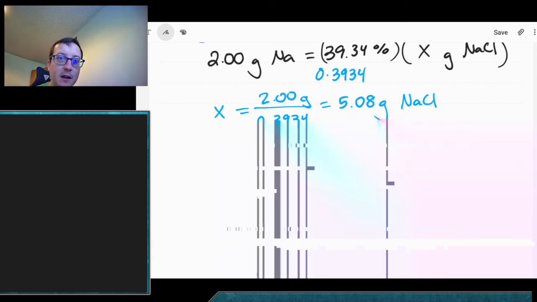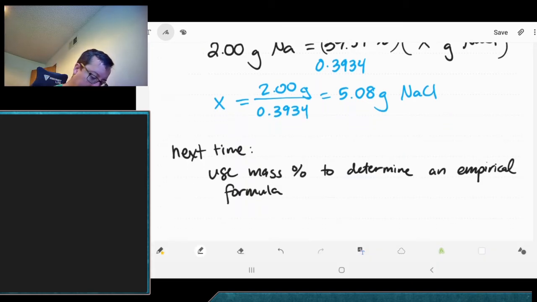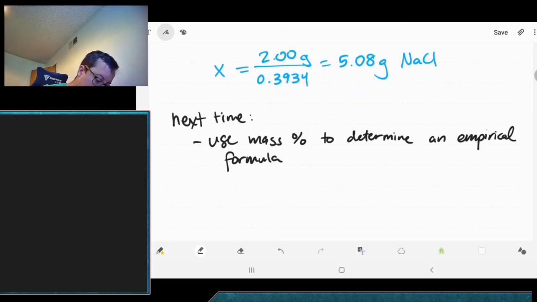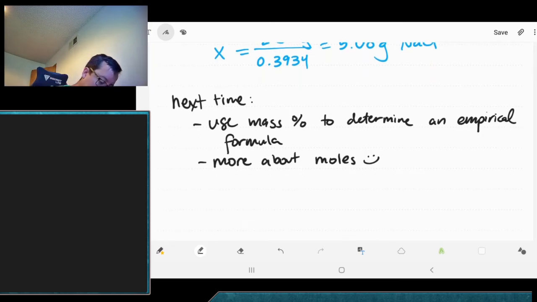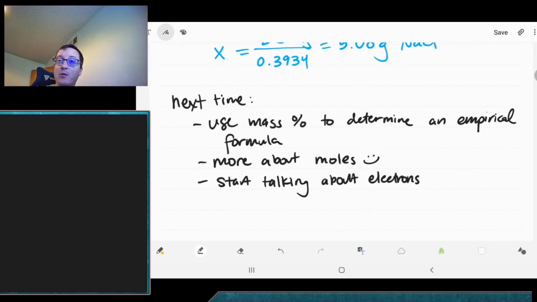We can also talk more about moles, our favorite. And if we finish all of that, we're going to then start talking about electrons and how they behave within an atom.